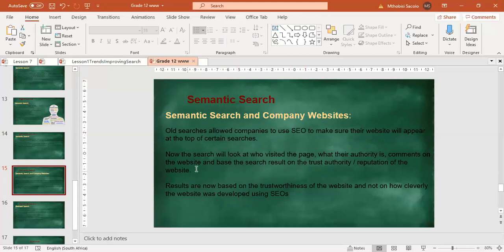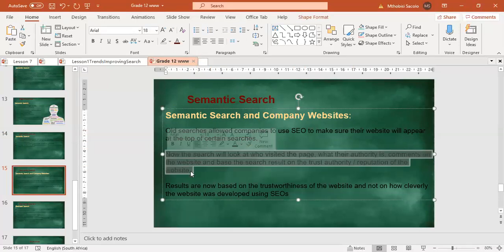When they do search engine optimization, they try to make sure that when you look for information that is on the person's website, it is going to put that website at the top. Now the search will look at who visited the page, what their authority is, and comments on the site, and base the search results on the trust, authority, and reputation of the website.